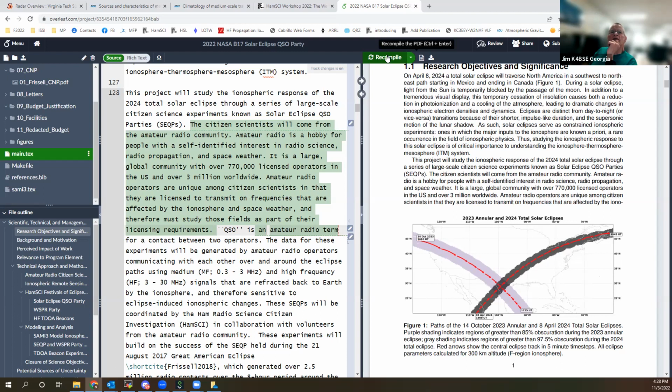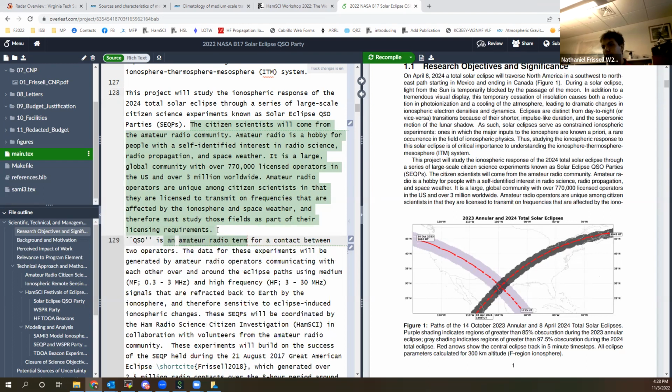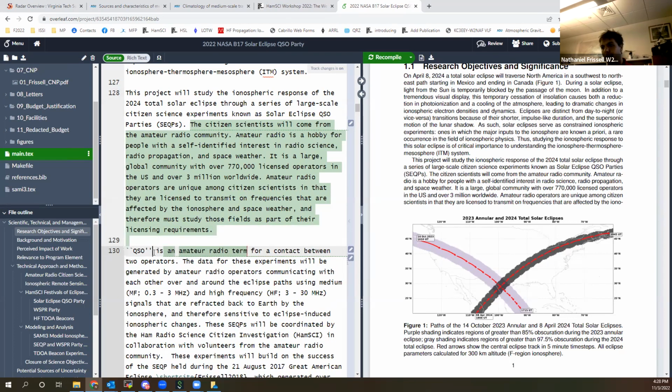Yeah, I think I would make that another paragraph because you're jumping. Yeah, I think you're right. Should I remind people that it's QSO as in solar eclipse QSO party, or do you think that people will make that jump?